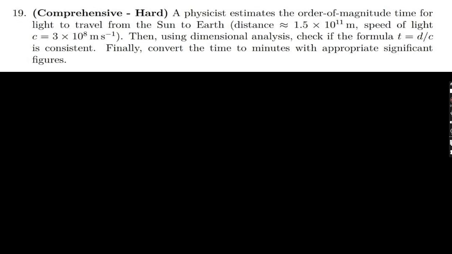Let's do question 19. Almost concluding. A physicist estimates the order of magnitude time for light to travel from the sun to Earth, a distance of 1.5 times 10 to the power 11 meters, with the speed of light being 3 times 10 to the power 8 meters per second.